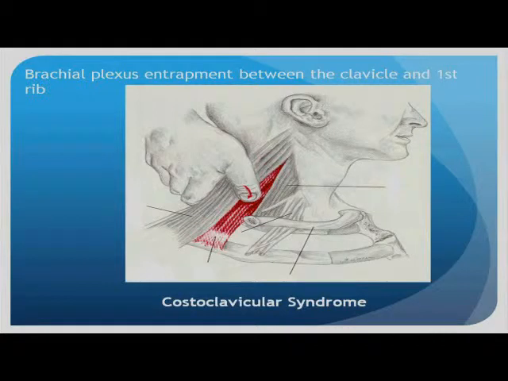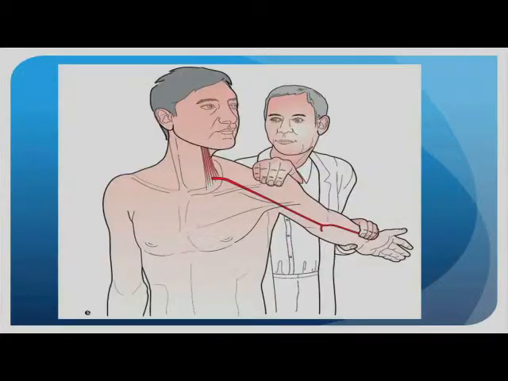And then that area right between the first rib and clavicle, they call that one costoclavicular syndrome. So all of those regions can really create quite a bit of compression in patients with thoracic outlet syndrome, and I can't urge you enough to evaluate every single one of those regions when you are talking about patients with these kind of conditions.